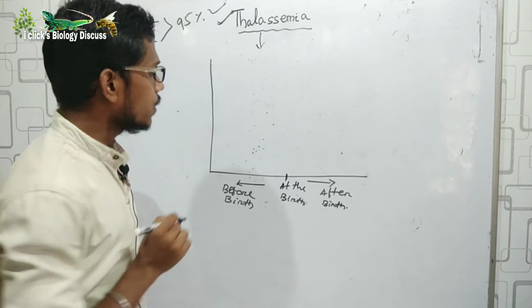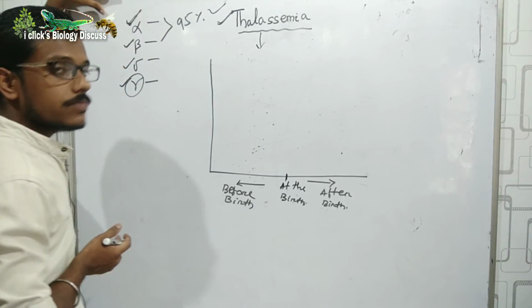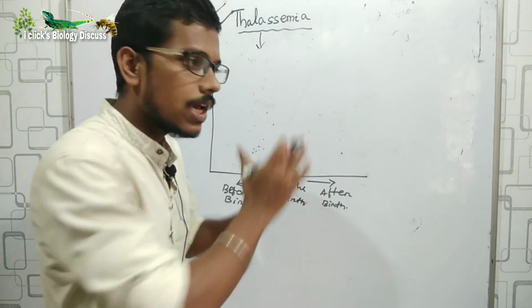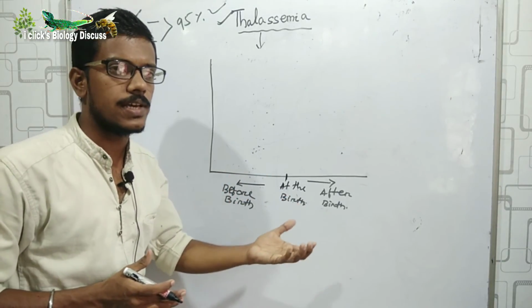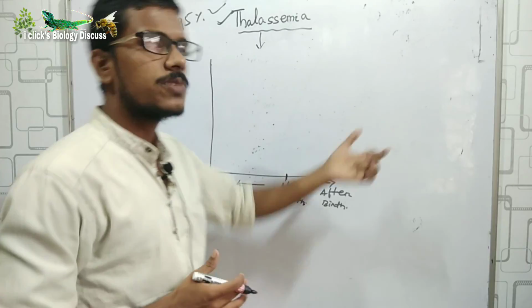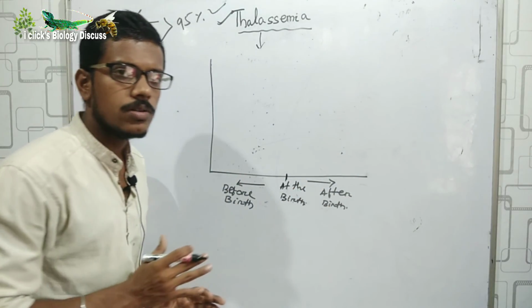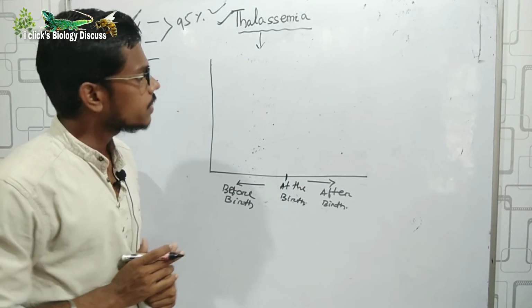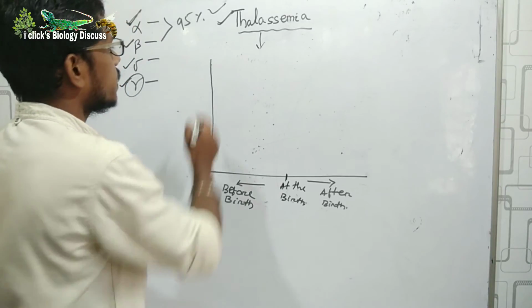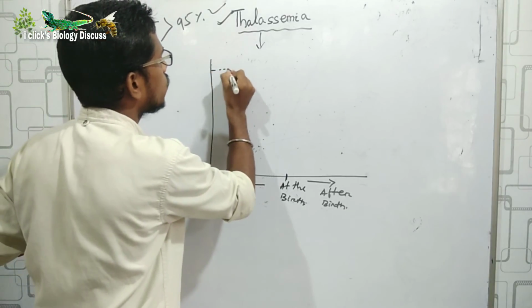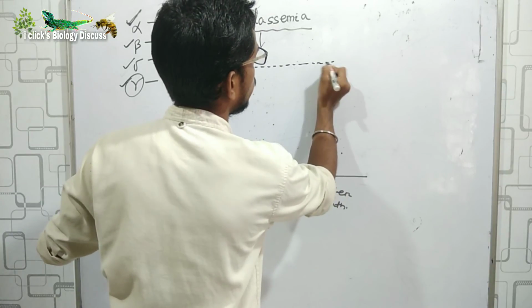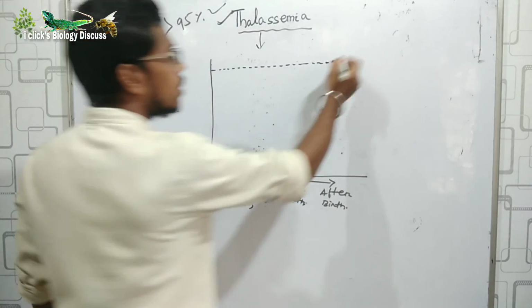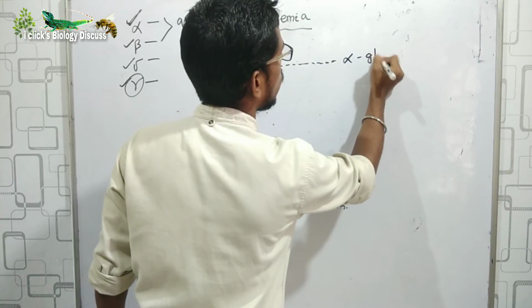If we see the alpha globin chain, that is common in every hemoglobin. You may consider the HbA, HbA2 or HbF type hemoglobin, the alpha globin chain is common. That means the alpha globin chain is synthesized throughout the life from the fetus up to the death of the individual. This is the graph for the alpha globin chain.